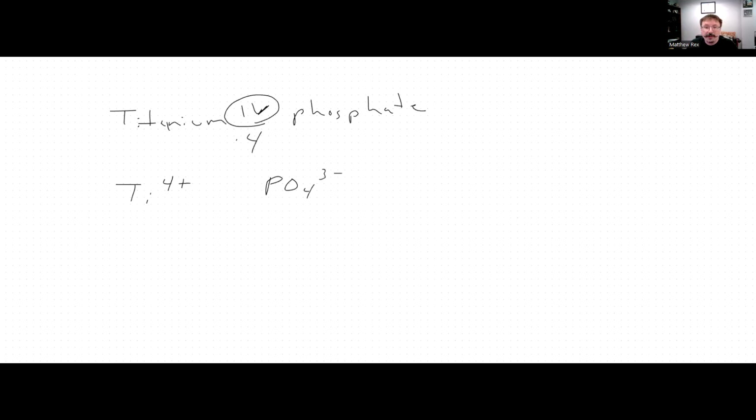So what I have to do is figure out how many titaniums I need with how many phosphates so that I end up with a charge neutral species. In other words, if that's +4 and this is -3, what number do I have to put in front of those to get me to 0? What's the smallest number that they'll both go into? That should be 12. So to do that, I would need 3 titaniums and 4 phosphates.